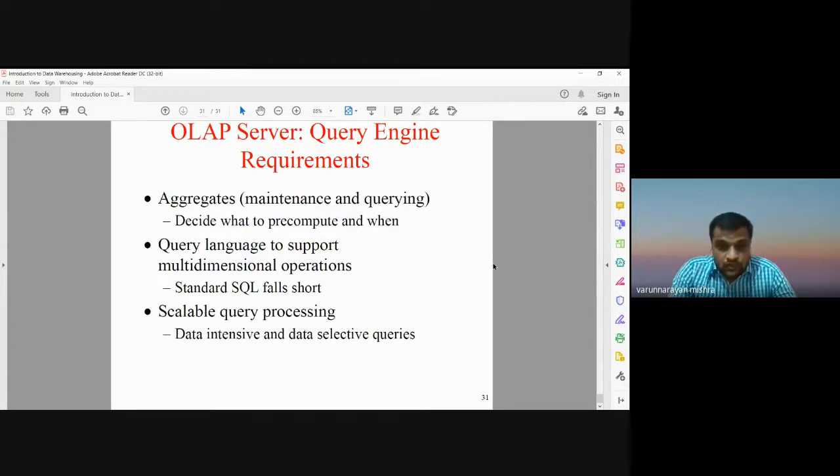It's a useful method to store the data coming from different sources, which are considered heterogeneous data sources, into a single platform, and the different users can access that data as per their requirement. So data warehouse is very important for managing the data coming from different heterogeneous sources.